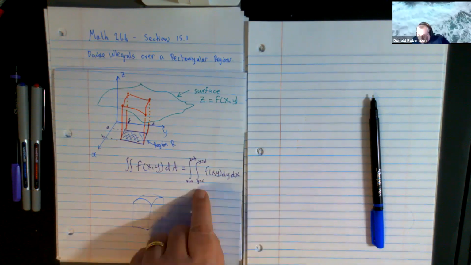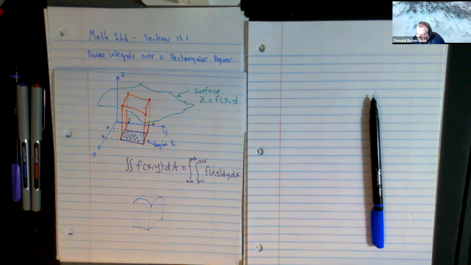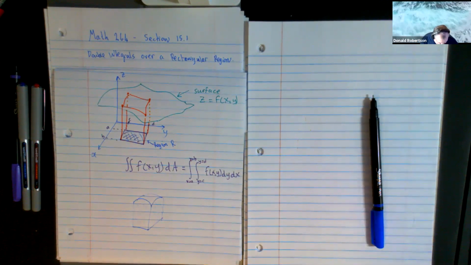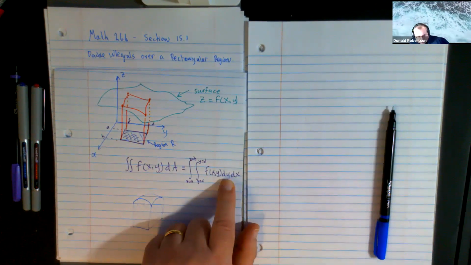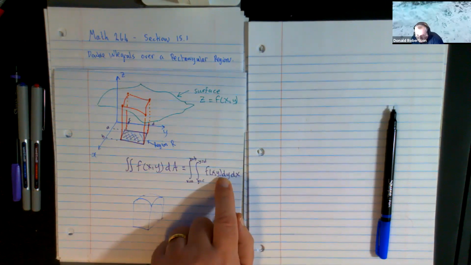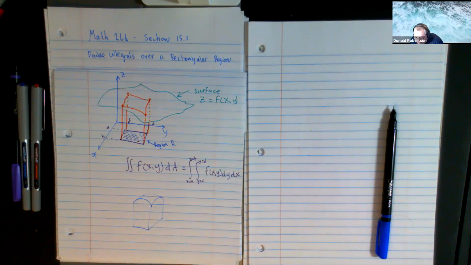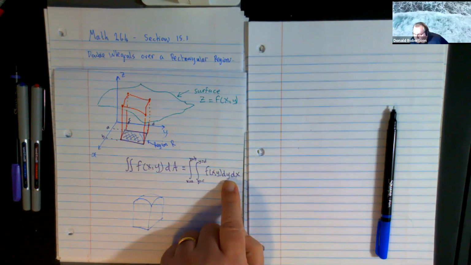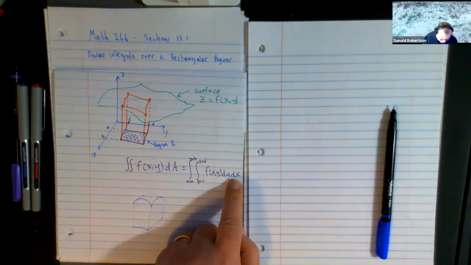If I say y equals 2 and y equals 3, I know those are the y values, and then x equals 1 and x equals 7, I know those are the x values. That's for me, but I think it's helpful. Now, have you noticed that the dA has now been converted into a dy dx? Isn't that beginning to look a lot more like Calc 2 integrals? But the difference is you don't integrate with respect to one variable, dx, but you integrate with respect to two variables.